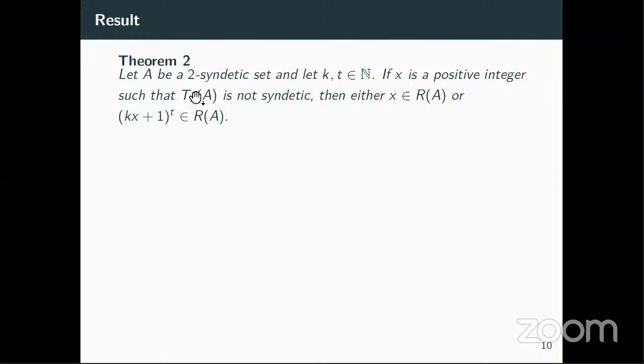So it's important, if we can find some such x such that Tx of A is not synthetic, then we have some observation that either x is in that ratio set or this quantity is in the ratio set of A.